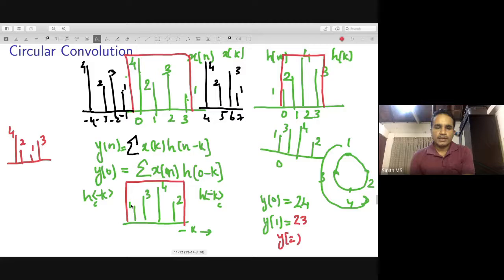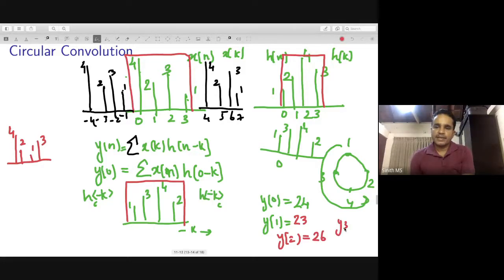You do shifting by a factor of 2. So these 4 and 2 will come here, then 4 will come. So 4, 2, then the remaining 1, 3, 1, 3. So multiply it and add: 4 into 4, 16 plus 4, 20 plus 1 into 3, 23 plus 3, 26. So y of 2 is 26.